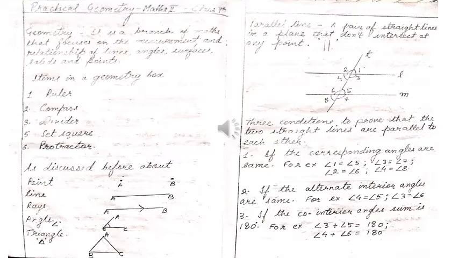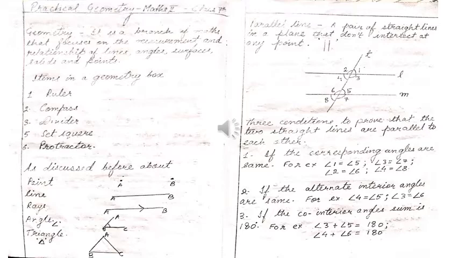Now about parallel lines. A pair of straight lines in a plane that do not intersect at any point, and the symbol is there on your screen. Now I have drawn two lines, L and M, and a transversal is cutting both lines. You have already studied in lines and angles the conditions which make two lines parallel to each other.